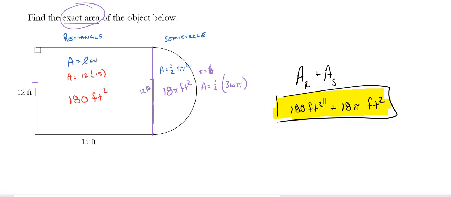We don't want to round it if it says exact. Now, if it didn't say exact, then I would round this. I would take 18 times pi, get approximately 56.55, add that to 180, and get this to be approximately 236.55 square feet. So it's all about what they asked for. Exact is this. A rounded is this.